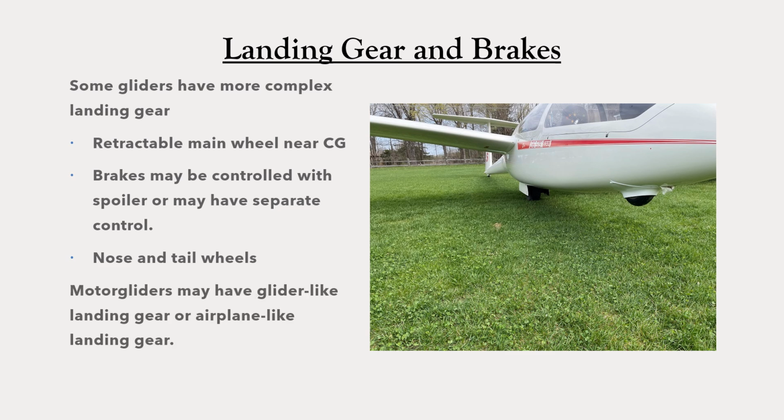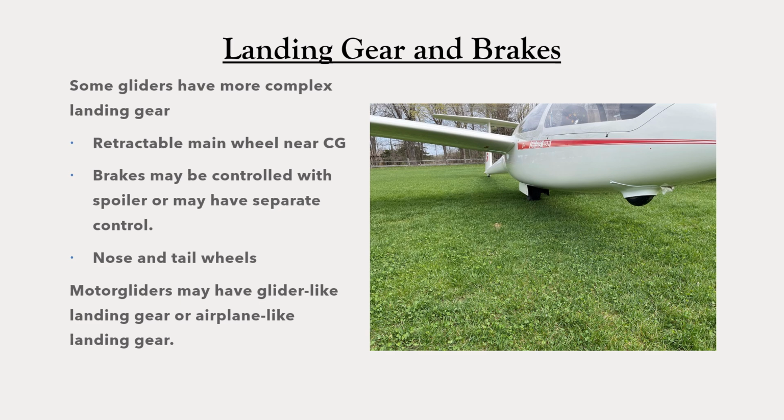Now, motor gliders. We don't currently have one in the club, but you'll see them occasionally, especially when I'm out at the field. Motor gliders are designed to be operated without a wing runner. So their landing gear is a little bit different.